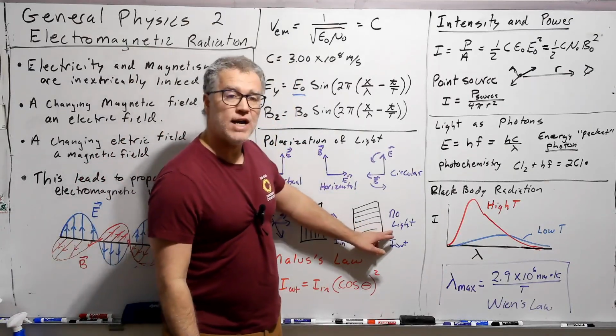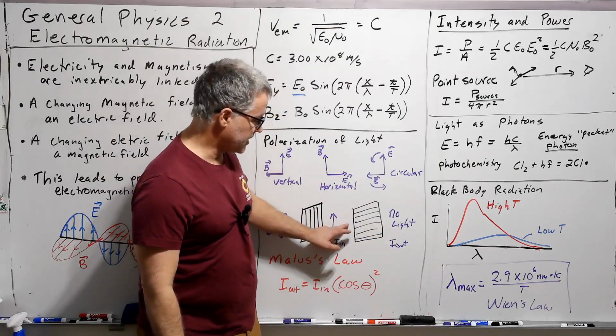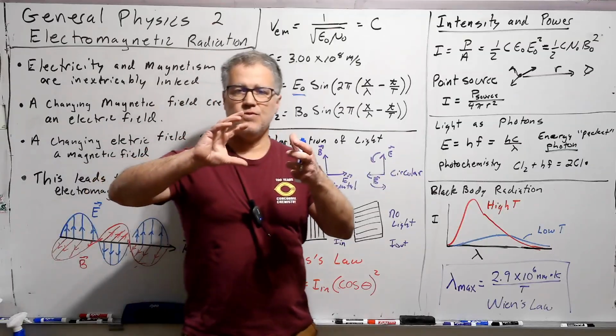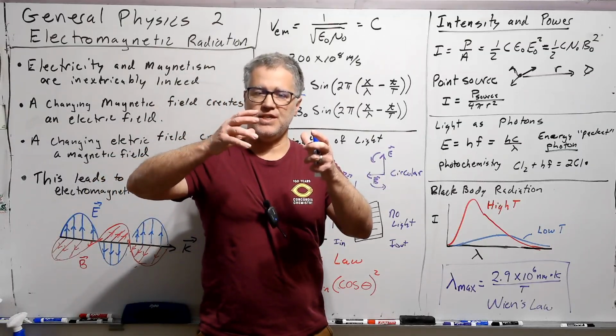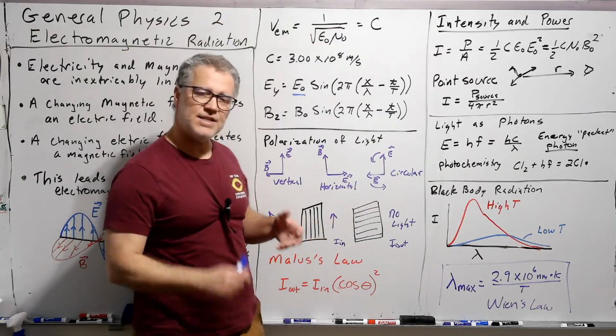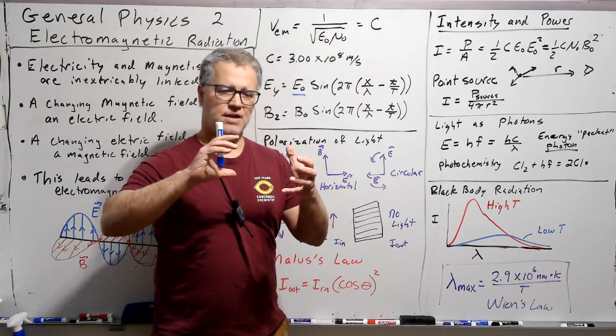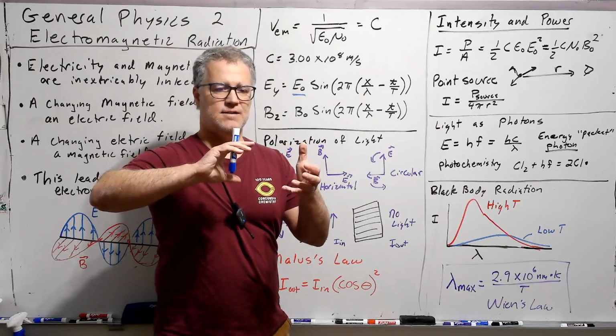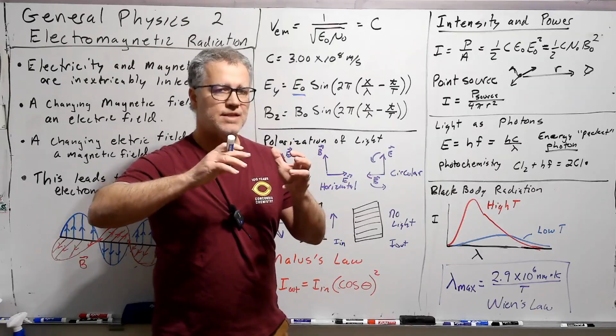So we actually would get no light coming out here. We'd have some polarized light coming in and no light coming out. Now, you might imagine, what if we twist these a little bit? It's a little counterintuitive because you'd think you'd have to be completely oriented to get the light through, but that's not the case.